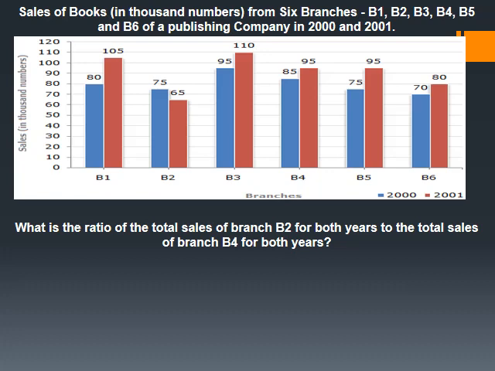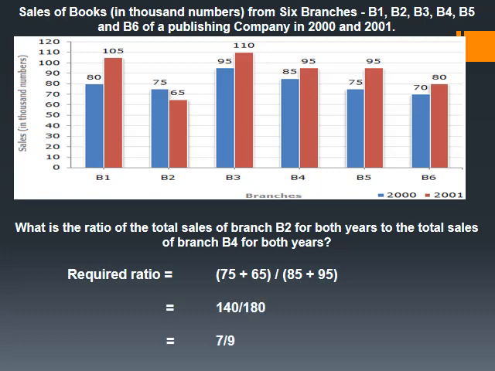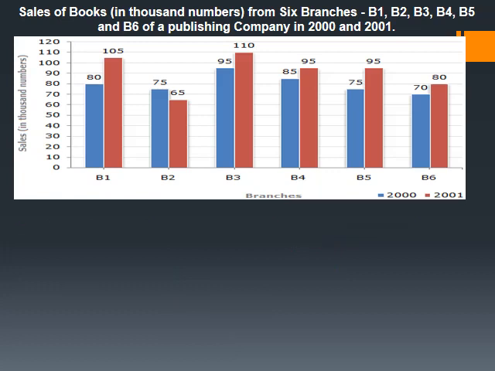Even though it is given in thousands, because it's a ratio we don't have to go by how many thousands there are. These numbers will suffice. So 75 plus 65 divided by 85 plus 95, and we get the ratio 7:9.